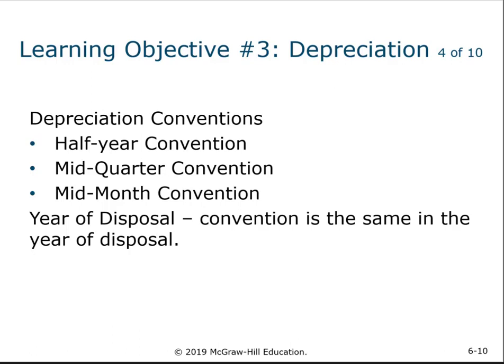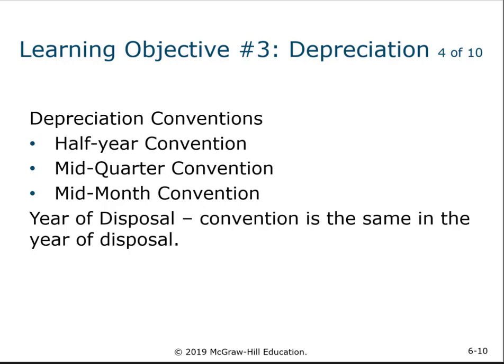Except, well, mid-month does a little better, but mid-month applying to all of the apartments and all of the commercial real estate is treated as if it was purchased in the middle of a month. So anything bought between January 1st and January 31st is treated as depreciating from January 15th. From February 1st to February 28th, bought in the middle of February. Every month is treated the same.